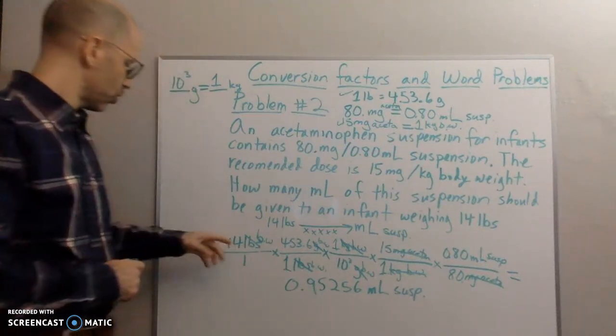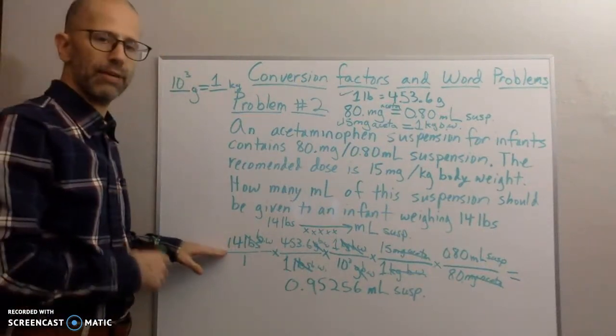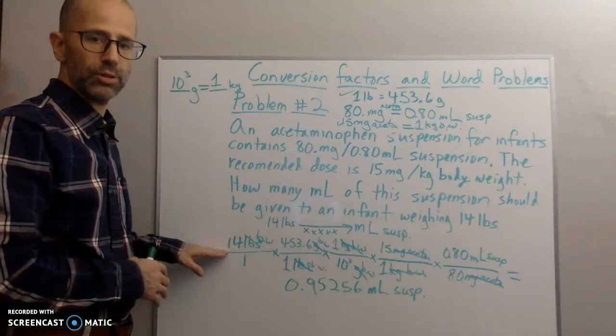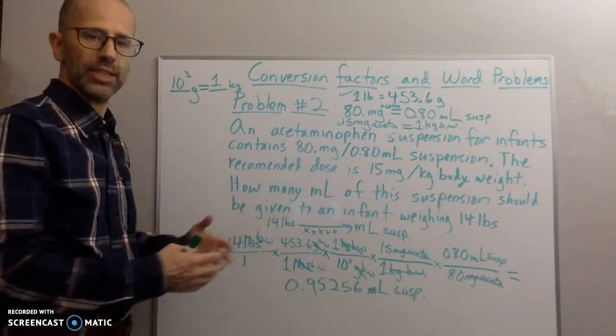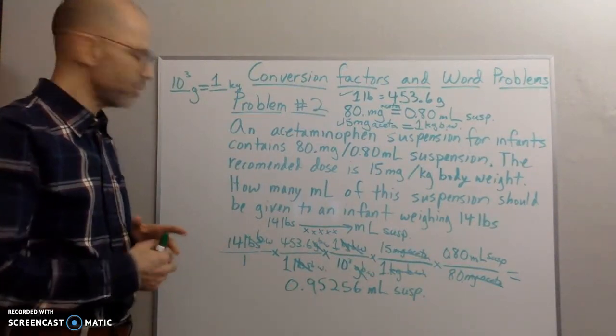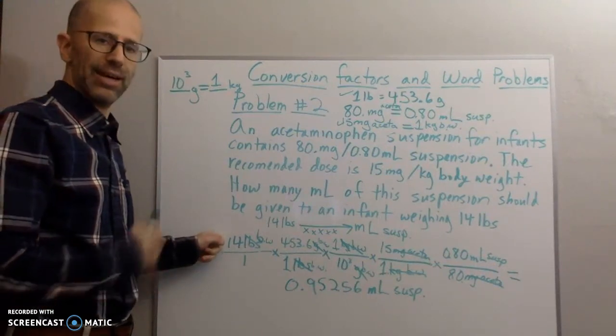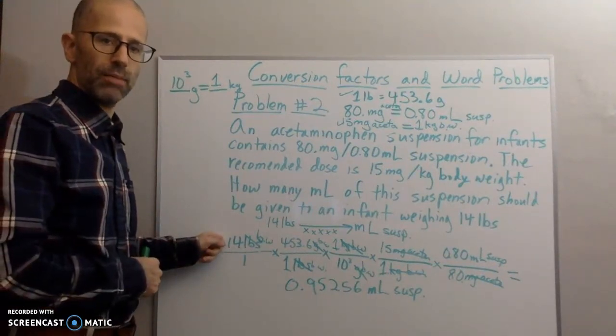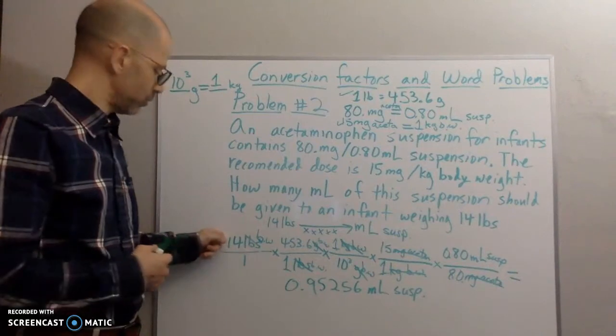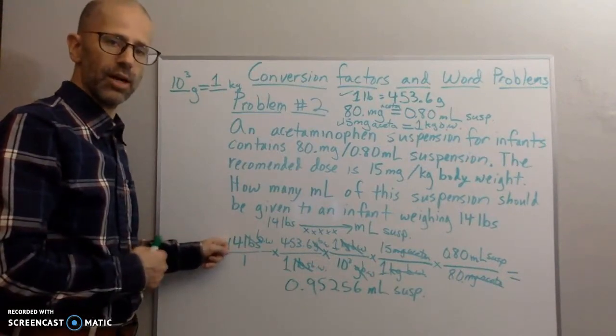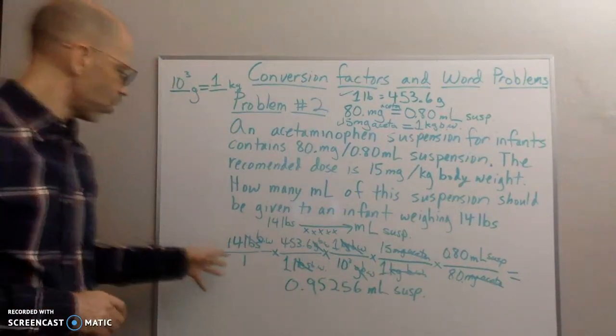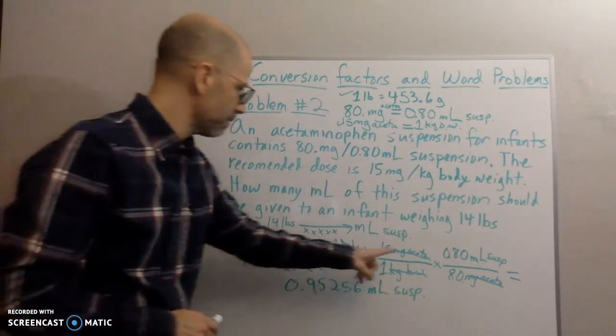When they give us a number of pounds, like 14 pounds, you might think of this as an actual number. It's not a measure, but we'll treat this as a measure. It depends.